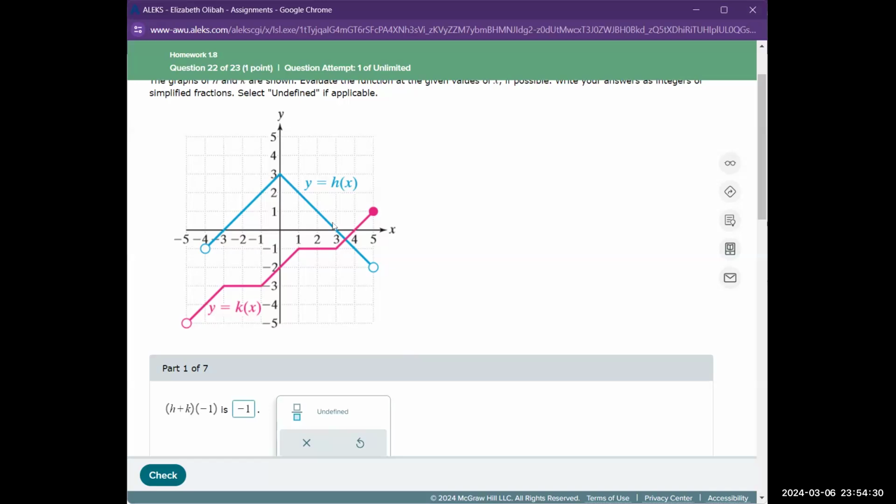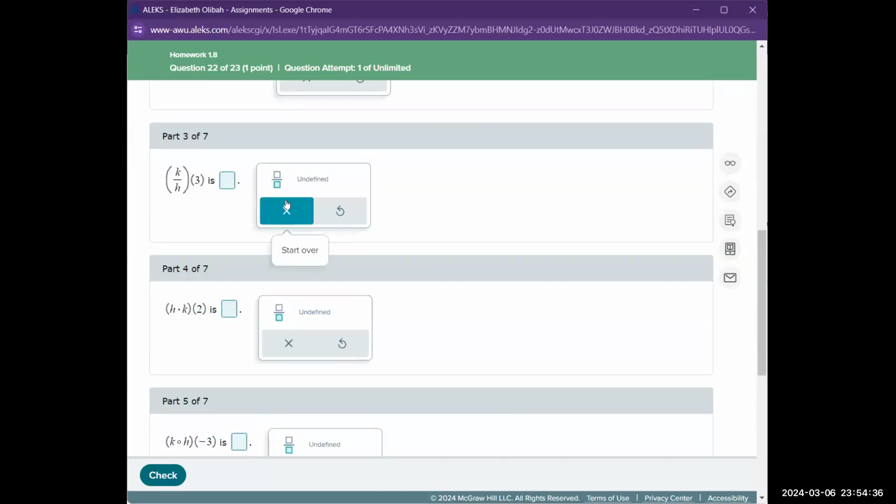If I go to 3 and find the blue function, it's right there, which means it is 0. So k over h is really this, -1 over 0. But remember, we never want the bottom to be 0 because it makes the function undefined. So if you end up thinking you have some kind of fraction with a 0 in the bottom, you erase that answer and click on undefined.